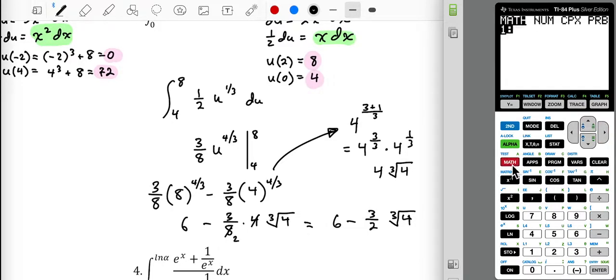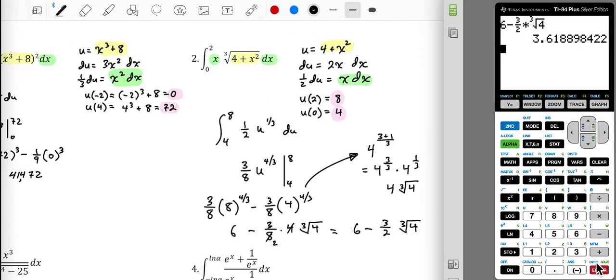So I need the cube root, so math option 4 of 4. You got that lovely looking number. All right, let's get the original in there and take a look. So math 9, 0 to 2. We got the x.